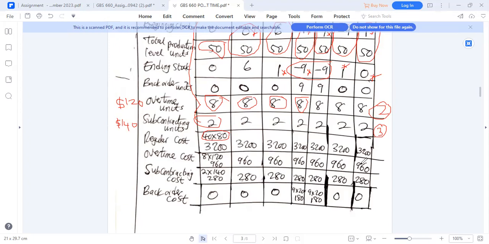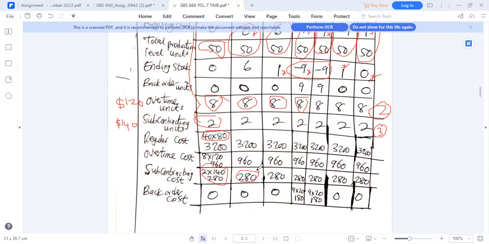Then we also know that subcontracting was constant. So we have our subcontracting of 2 units. So this is the way we are trying to find the cost of this other strategy, the level strategy. Of course, we have gotten the subcontracting of 280 throughout.